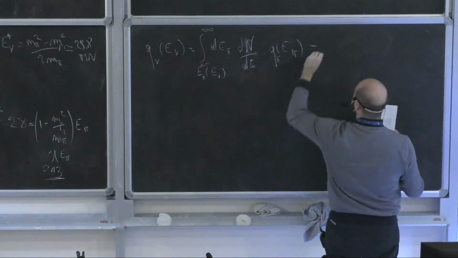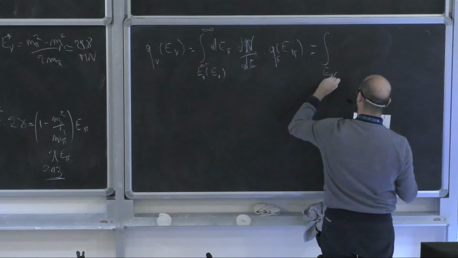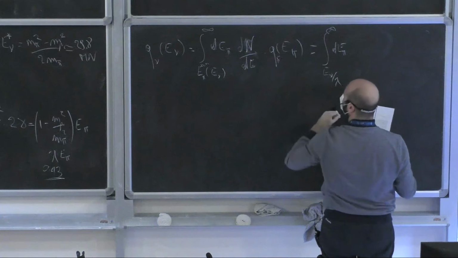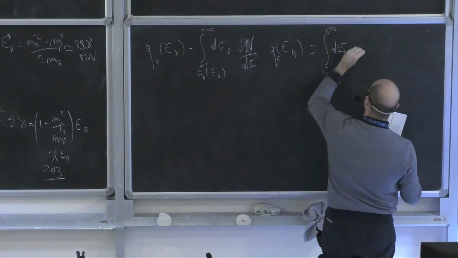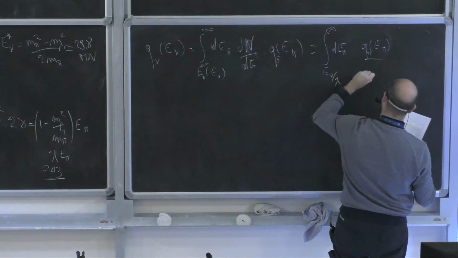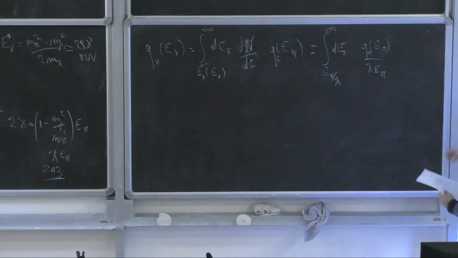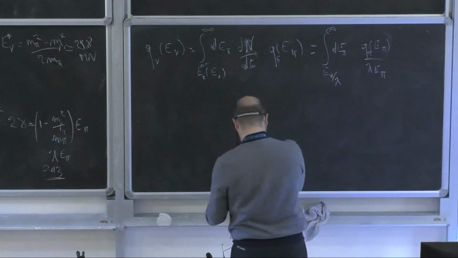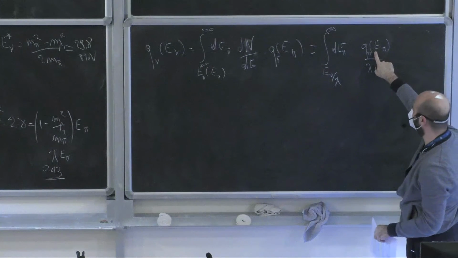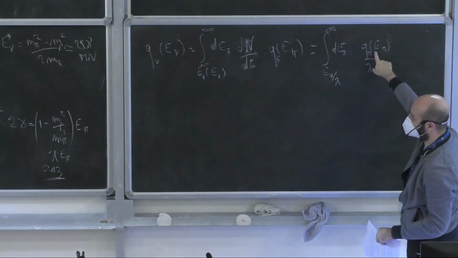We use that relation and rewrite this, in the relativistic limit, as the integral from E nu over lambda to infinity of dE pion Q of E pion over lambda E pion. And we see that basically, if this is a power law, the neutrino has the same power law as the parent pion spectrum.